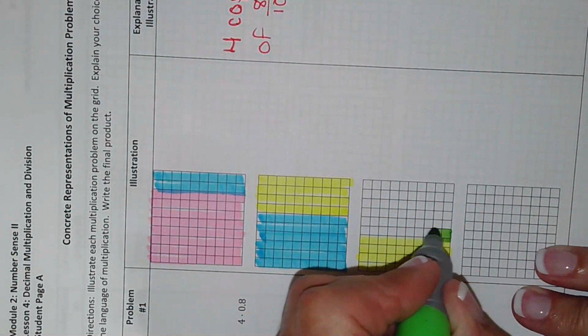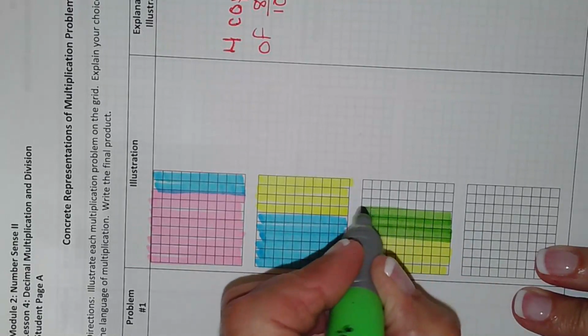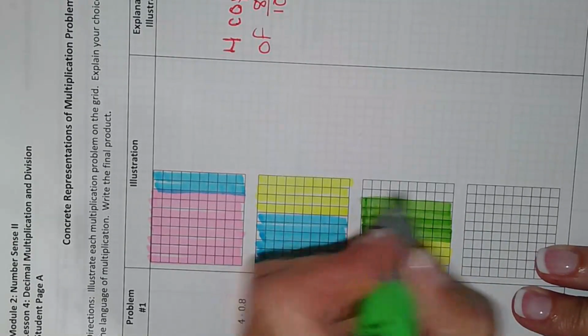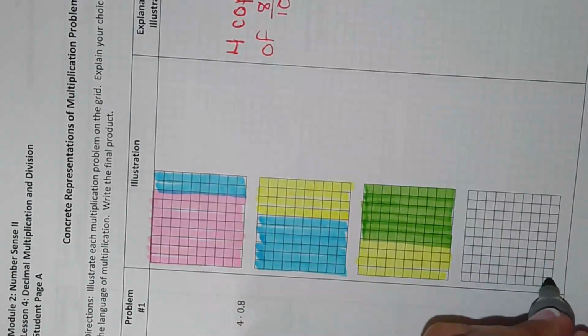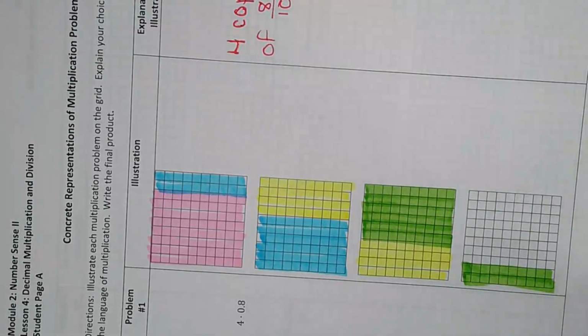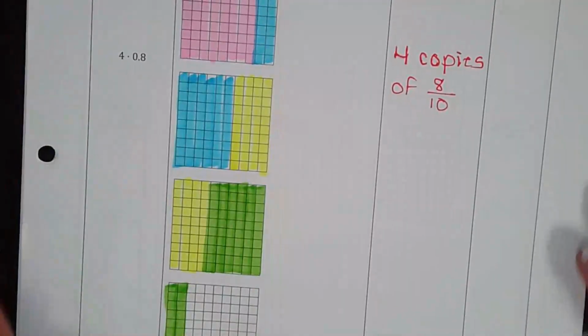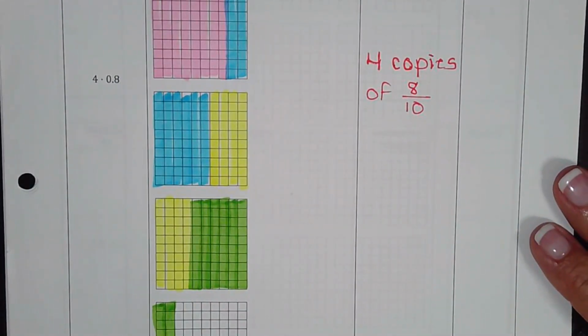So 8 more. 1, 2, 3, 4, 5, 6, 7, 8. So now our illustration is complete, and now we can read the answer from what we have.